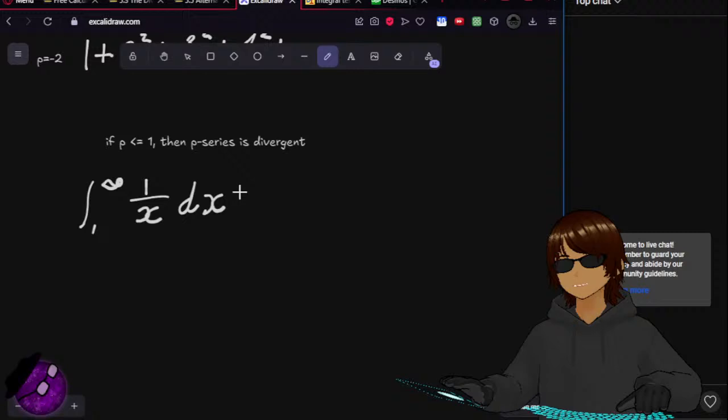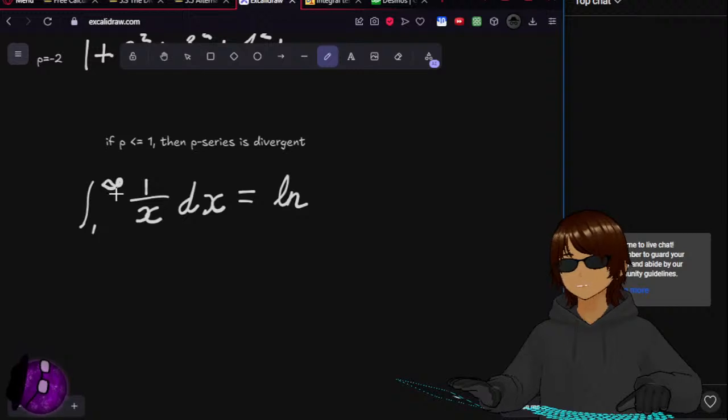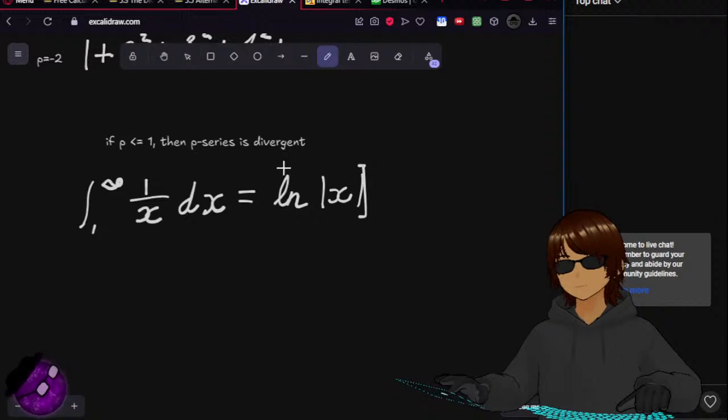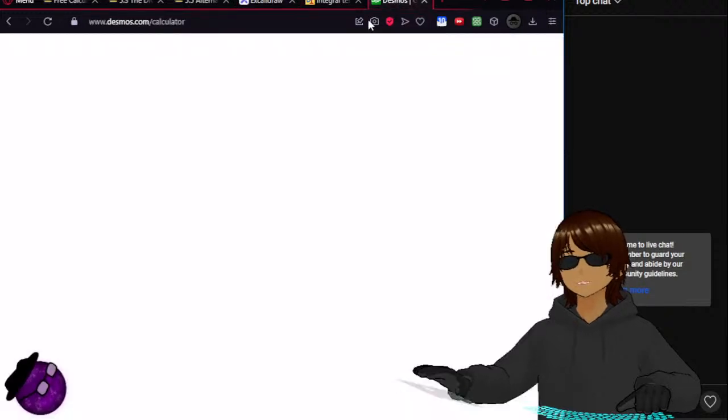We would have ln of x, right? But this is all the way to infinity: ln of infinity minus ln of 1. Yes, ln of infinity is infinity.